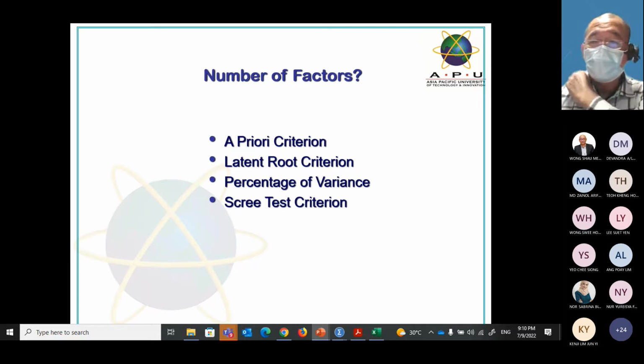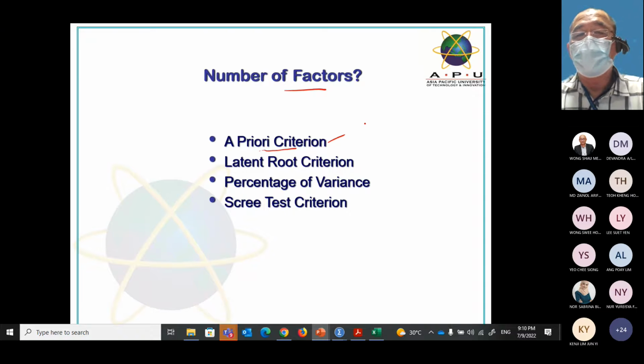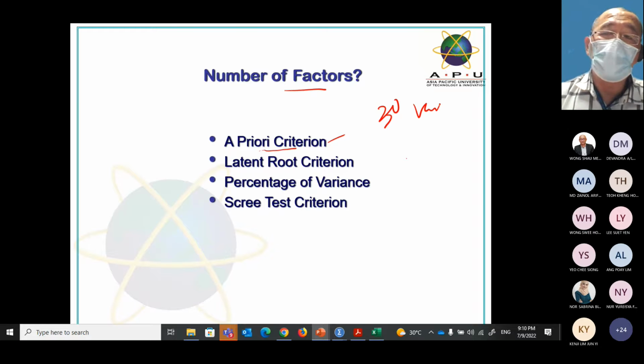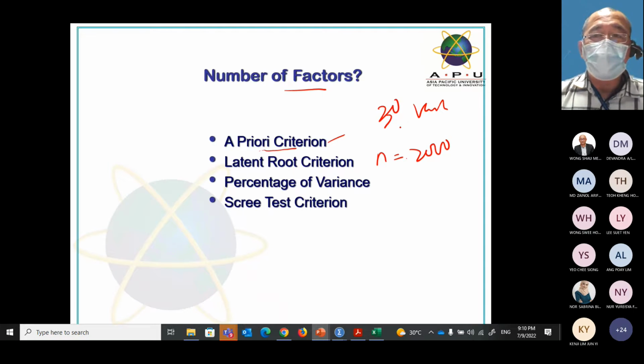Now I think there is enough time at least for us to get the output. Discussion maybe tomorrow. So, number of factors. We discussed a bit just now. The priority criteria is based on the example. Based on the journal article, you constructed, let's say, 30 variables, and your sample size is also large, 2000, so no problem.